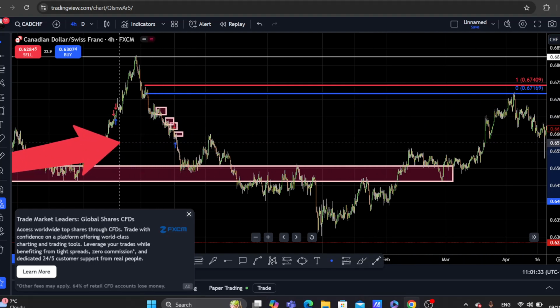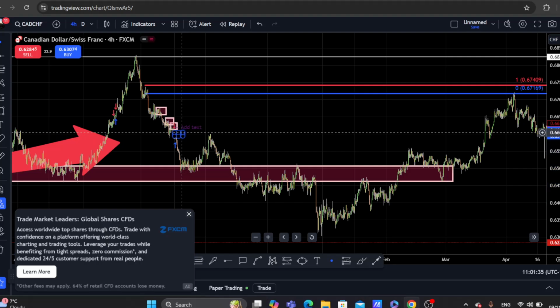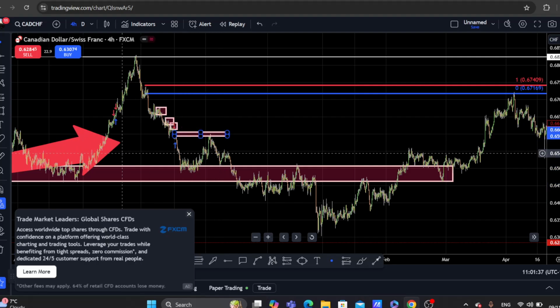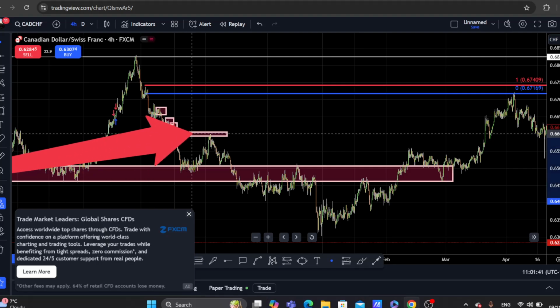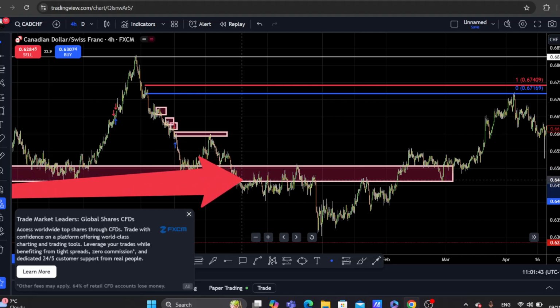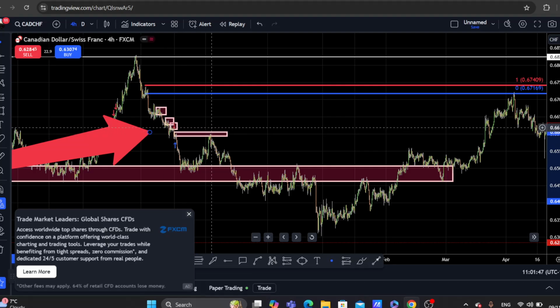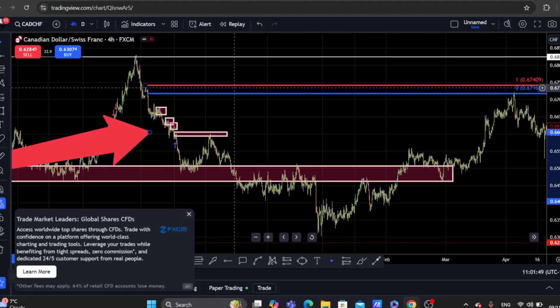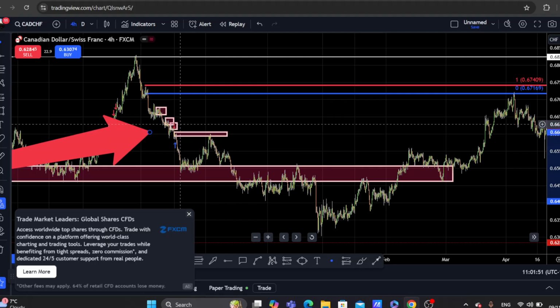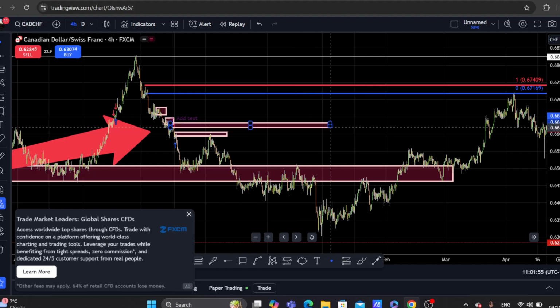So this supply zone was responsible for pushing this price down. Let's extend the other supply zones to the right just to see what role they played.